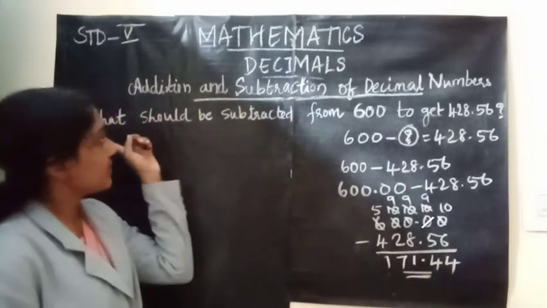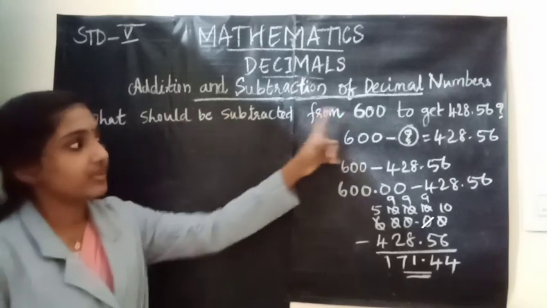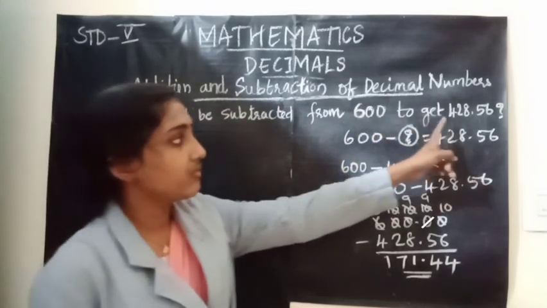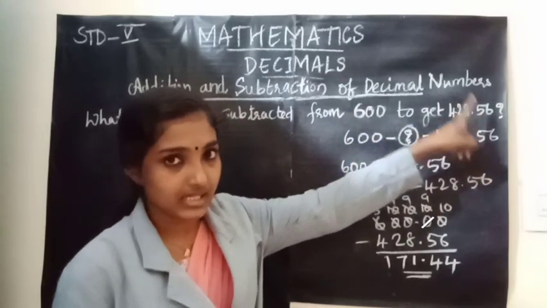So our question was, what should be subtracted from 600 to get 428.56?